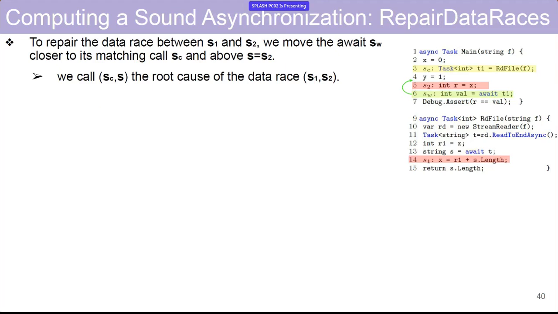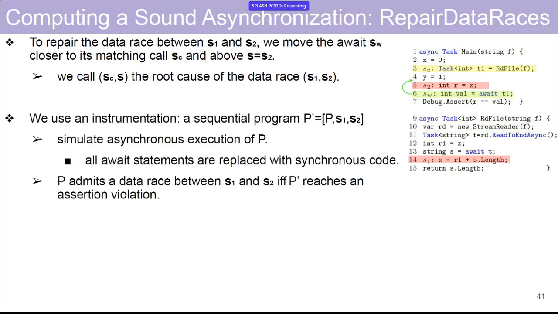And it will move that SW before the read to ensure that the call that contains S1 will always finish before you execute S2. So here you'll have some kind of happens-before order between those two statements. We call this SW and S the root cause of the data race that we use to repair it.